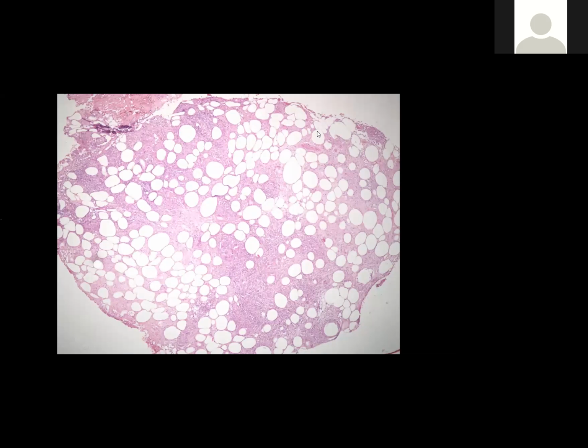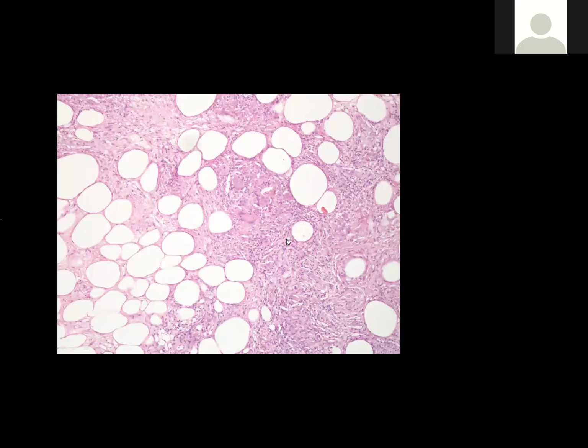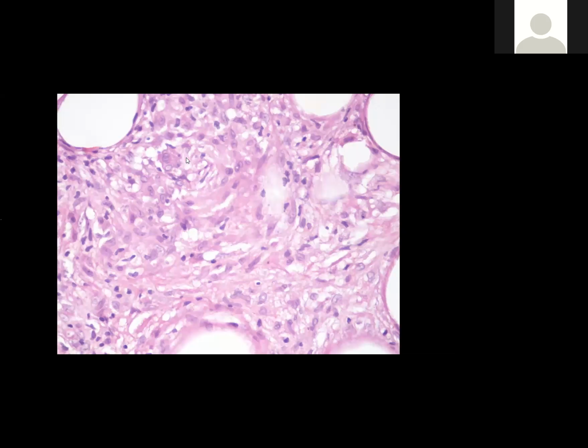We can appreciate that the dense infiltrate is present within the lobules of the subcutaneous fat, and this infiltrate is predominantly granulomatous, that is, it is made up of epithelioid cells, these multiple Langhans giant cells here. So we can at higher magnification appreciate the epithelioid cells within the lobules.